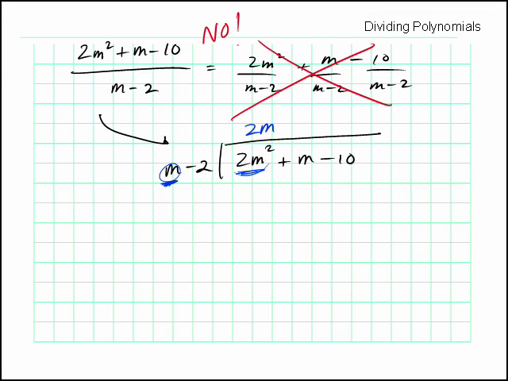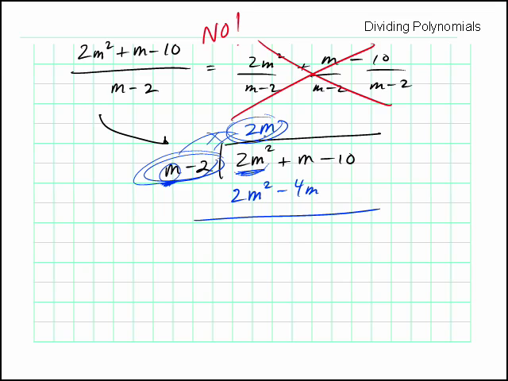Now, if I take 2m and multiply it by m minus 2, I end up with 2m squared, which is what we want, and you have to distribute that, and that's minus 4m. So 2m times m minus 2 is 2m squared minus 4m. Then you draw a line and you subtract, just like long division.